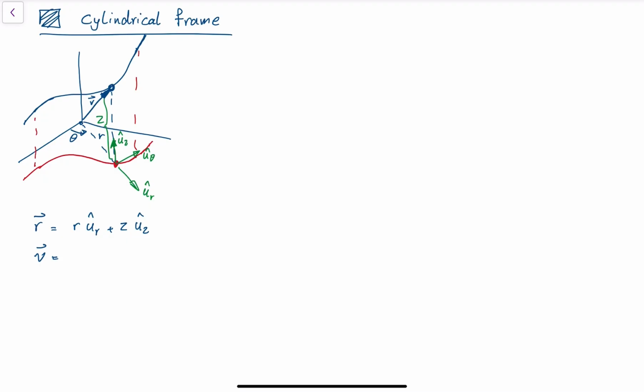Essentially, everything we had in 2D, add the third dimension. So before we had r dot ur plus r theta dot u theta. Now we add the rate of change of height, z dot uz.